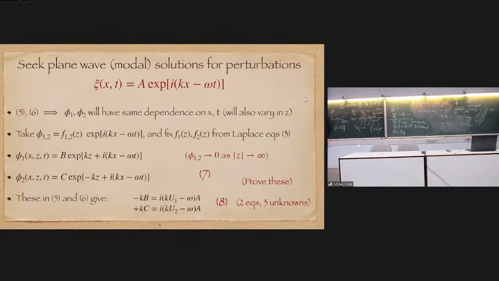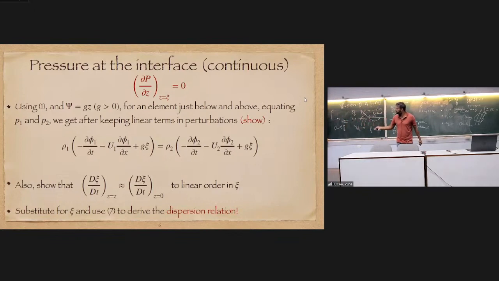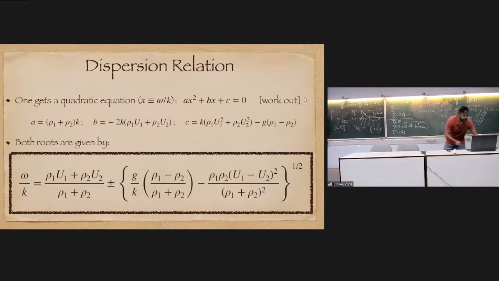These were the solutions we were looking at. Omega as a function of k is the dispersion relation, and that tells you everything about the nature and the fate of the perturbation. So you can find that this is the same equation. This, combined with the other three, when you eliminated A, B, and C, will give you a simple quadratic equation here.